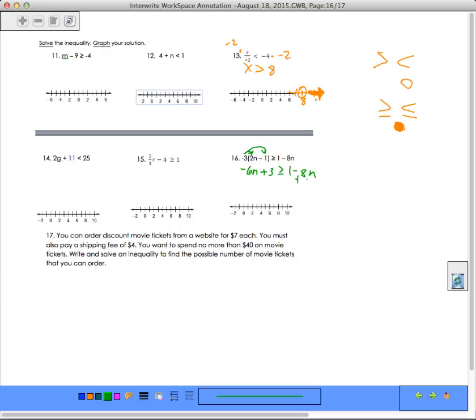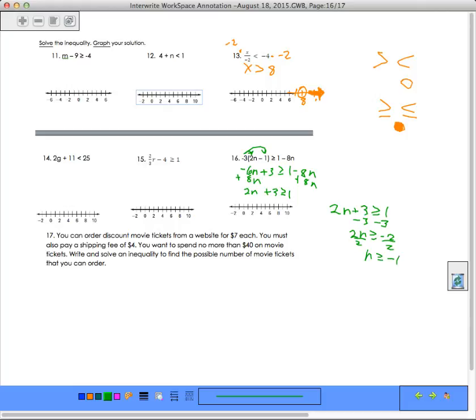I'm going to add 8n over, which would give me 2n plus 3 is greater than or equal to 1. I'm going to subtract the 3, which gives me 2n is greater than or equal to negative 2, and divide by 2, which gives me n is greater than or equal to negative 1.